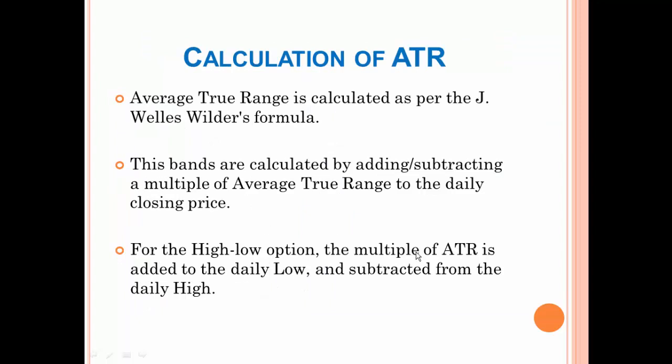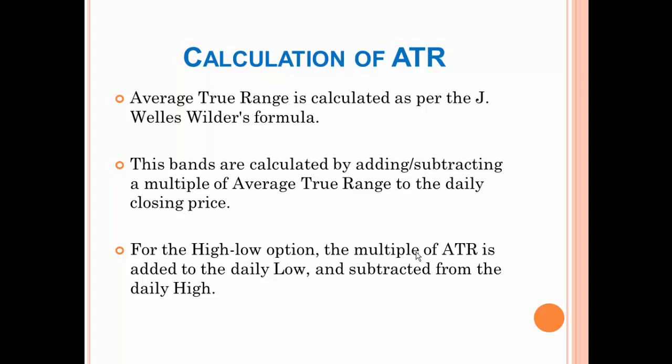So the calculation of the ATR bands. We already knew that the ATR is calculated as per J. Wallace Wilder's formula, and these ATR bands are calculated by adding or subtracting a multiple of average true range to the daily closing price.